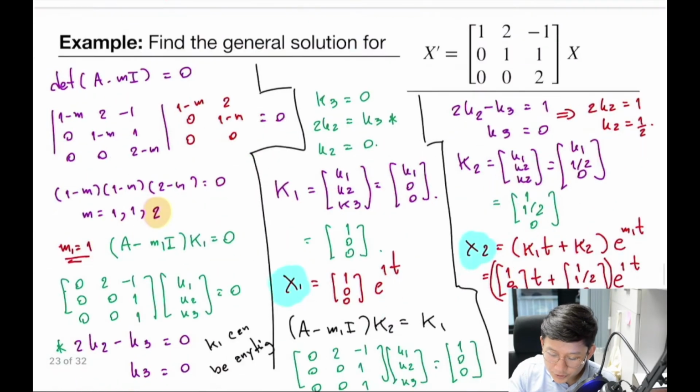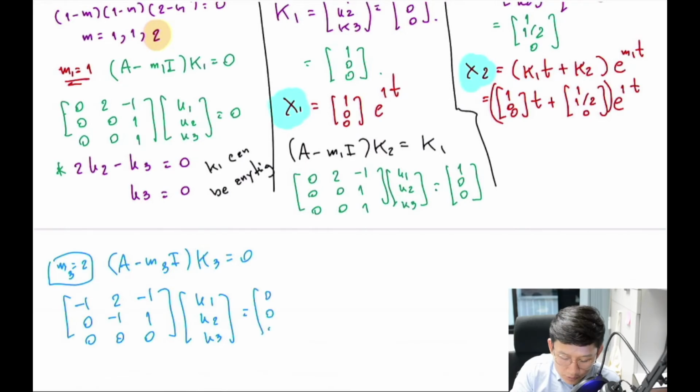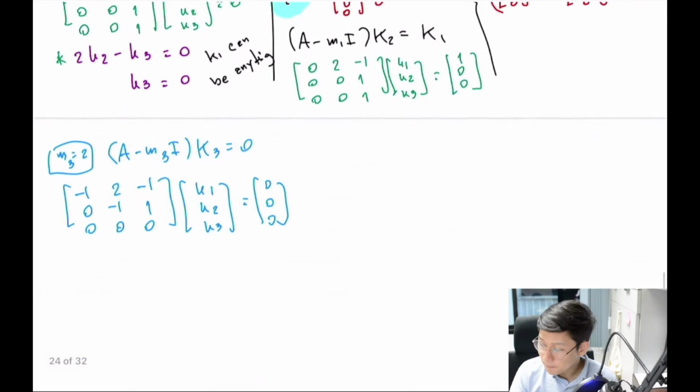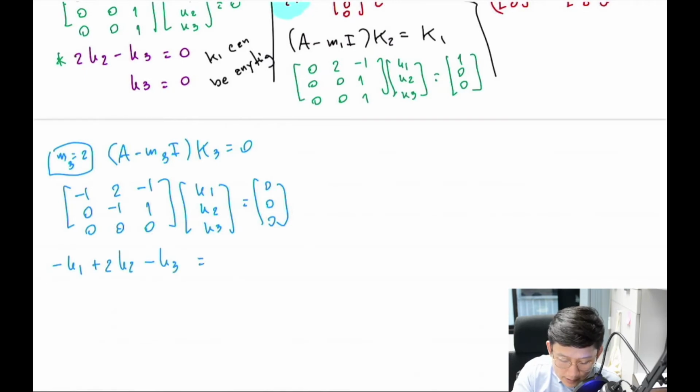And then we have 0, 0, 2, so we have 0, 0, 0. And then we get k1, k2, k3 equal to 0, 0, and 0. In that case, we would have that minus k1 plus 2k2 minus k3 equals 0, and minus k2 plus k3 is 0.